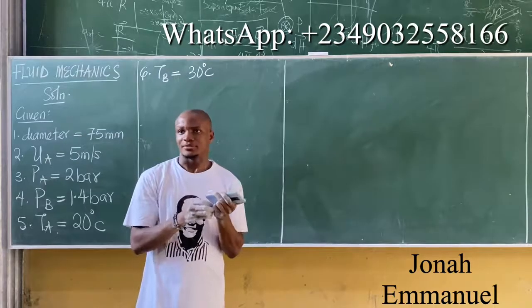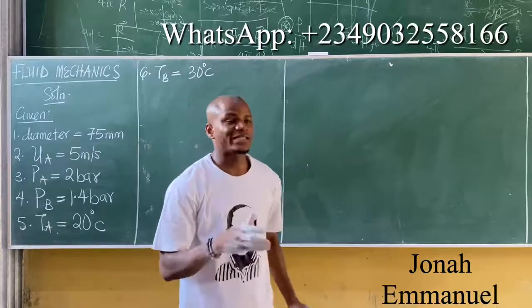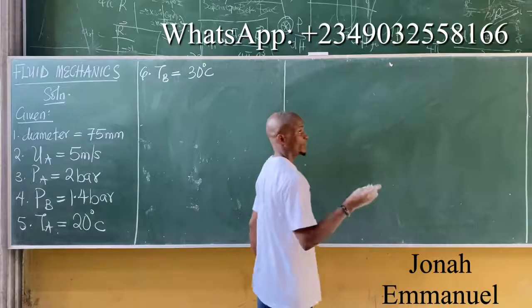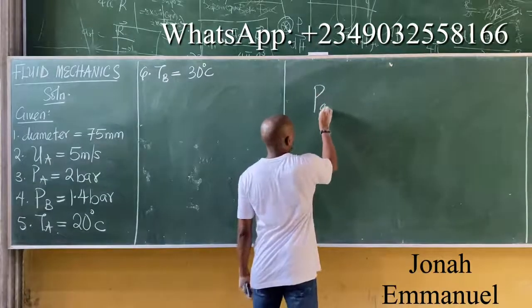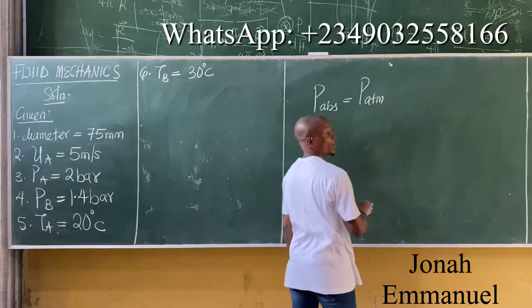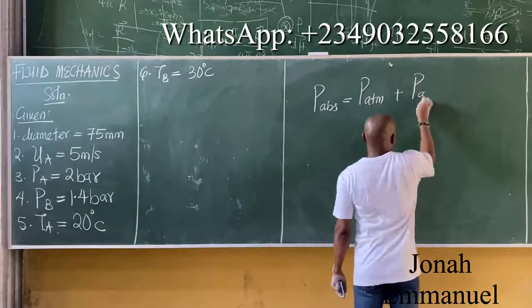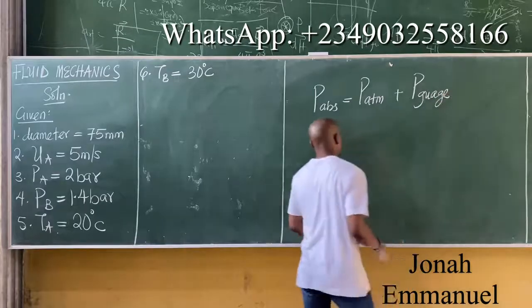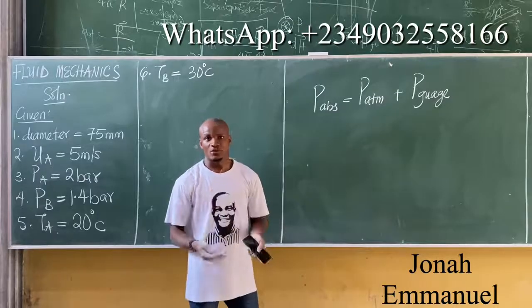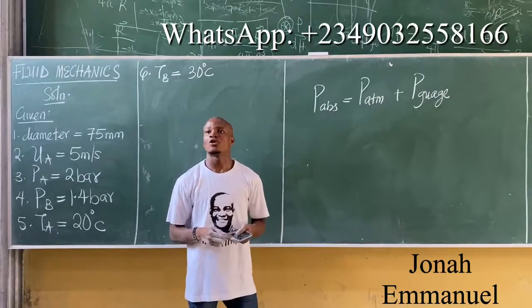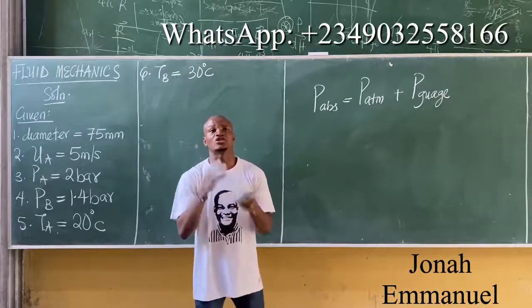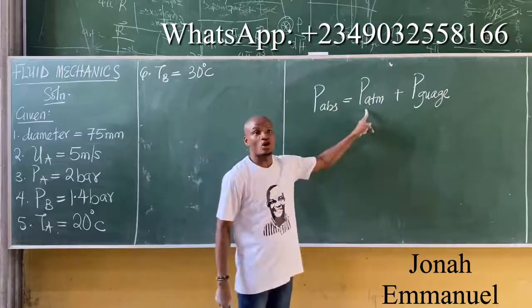Alright. Now listen. There are types of pressures. But most importantly, P absolute pressure is equal to P atmospheric, that's atmospheric pressure, plus P gauge, that's gauge pressure. What's P atmospheric? P atmospheric is simply atmospheric pressure. Atmospheric pressure is also called barometric pressure. So if they tell you that barometer reading is so and so value, that becomes your atmospheric pressure.